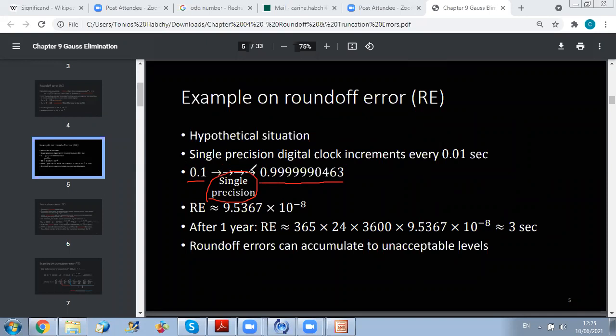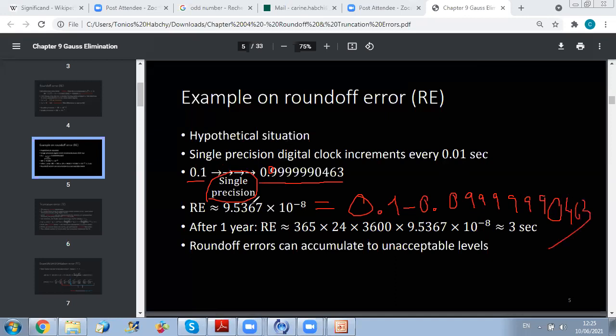Here you can say that this error is negligible. Yes, it's completely right. If you do the difference to find the round off error, all you have to do is 0.1 minus 0.099990463.